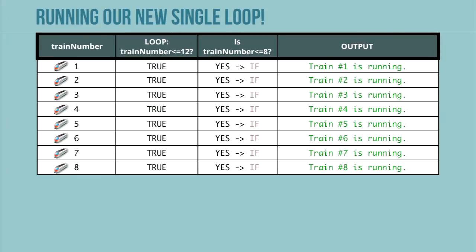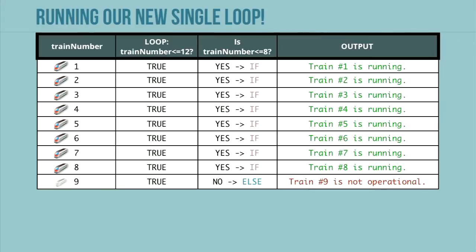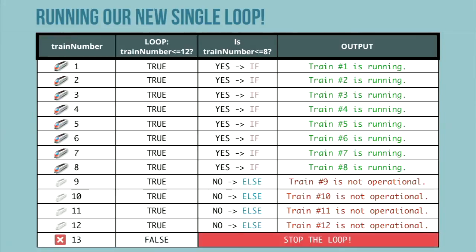When we finally get to the train number 9, what will happen is the loop condition will check out, it will be cool, and we will continue the loop. But our train number 9 is not less than or equal to 8, and so we will move to the else block instead of the if block, and now we will see that train number 9 is not operational. That same procedure will occur through the remaining trains all the way to train number 12.